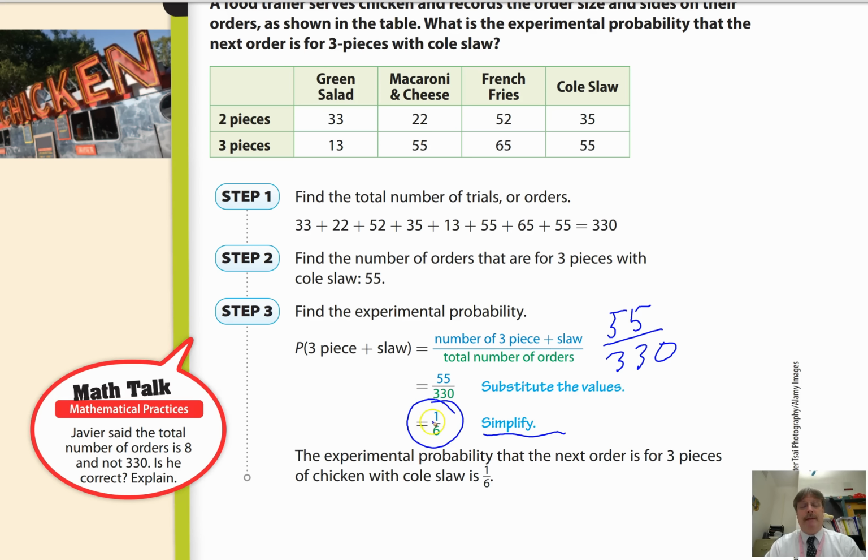So what that means is that for every 6 orders, one of them is going to be coleslaw with 3 pieces of chicken. Okay, now it doesn't mean it's an absolute guarantee, but there's a high likelihood that at least one of the next 6 orders is going to be for 3 pieces of chicken with coleslaw.